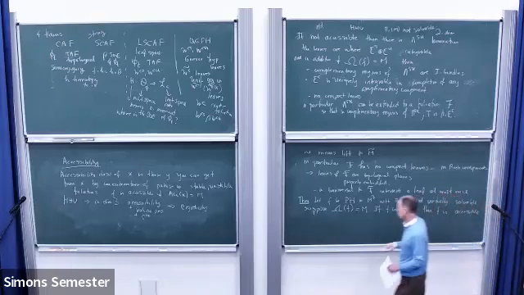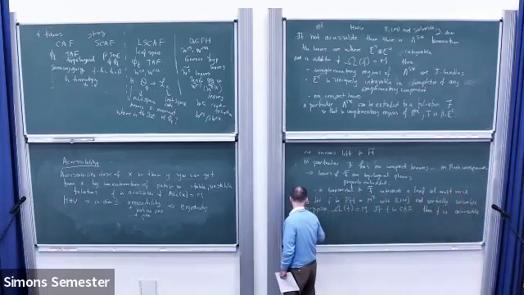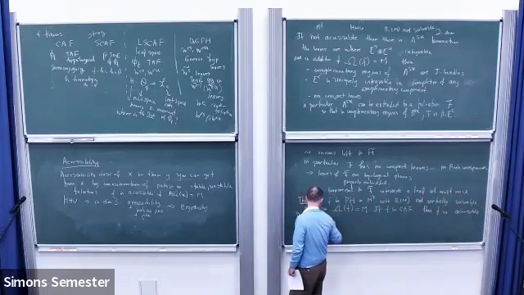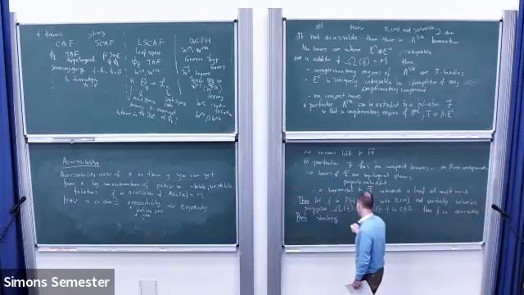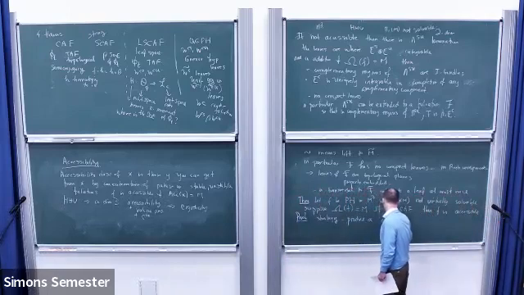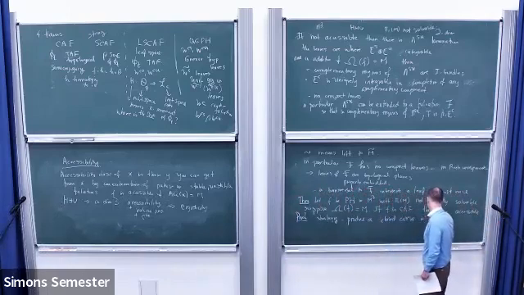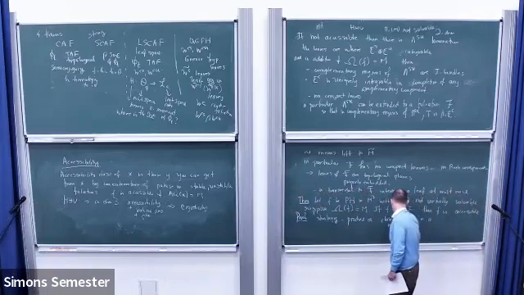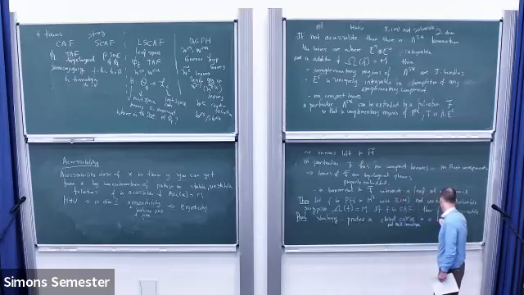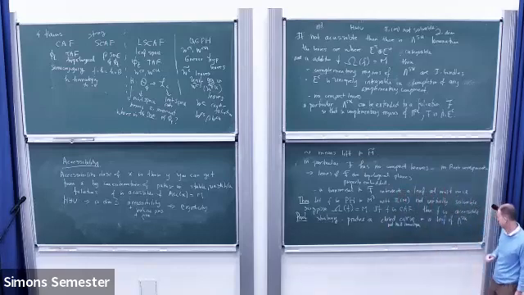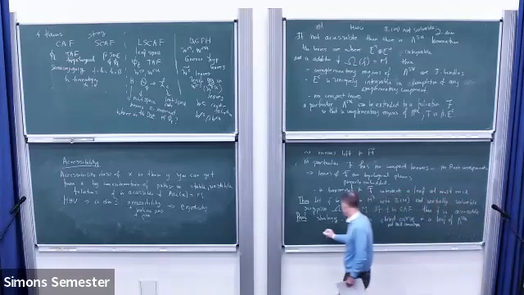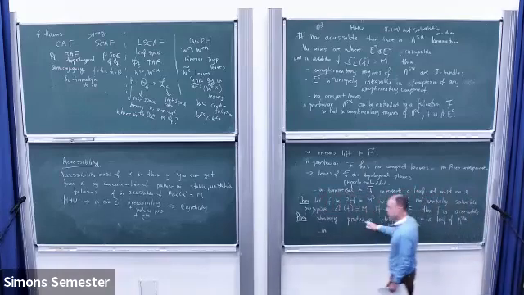Okay. So the strategy is to produce a closed curve, and I guess not null homotopic, curve in a leaf of this lamination here. So this is sort of the end result.